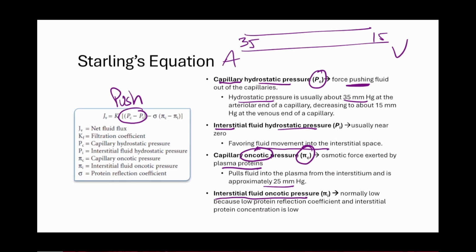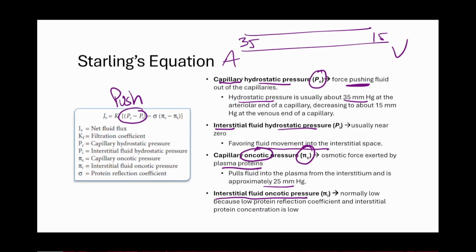If that gradient goes down, the force that's pulling and sucking the water back into the capillary, will that go down or go up? It goes down as well. We're looking at differences between one side versus the other side. If the interstitial proteins start going up, the forces that oppose filtration are going to get weaker.